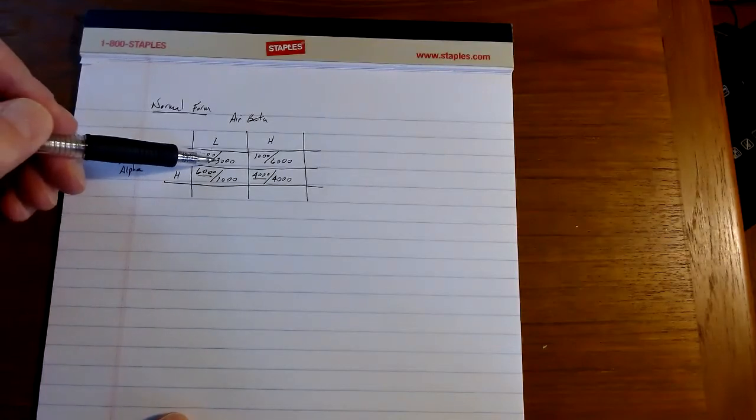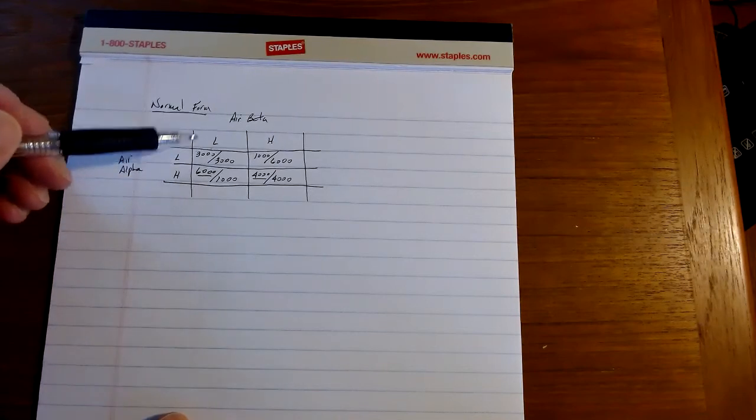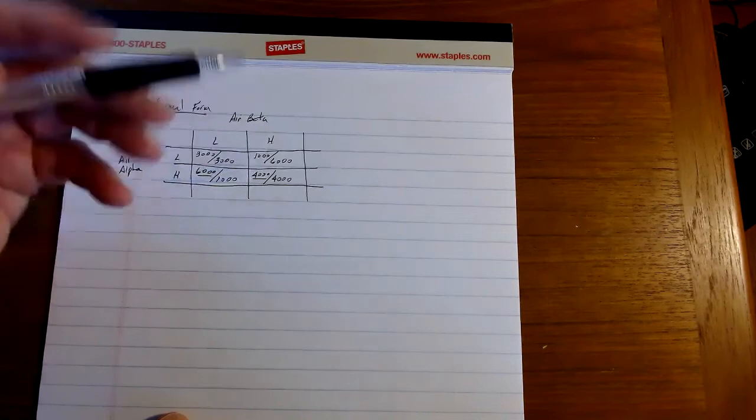Now let's flip it around. If air alpha chooses a low level of output, air beta will have payoffs of either 3,000 or 6,000. Okay, so the first player, the player on the side here, has the first payoff. Player up here goes second, has the second payoff. So if air alpha chooses a low level of output, air beta's payoff is either 3,000 or 6,000.